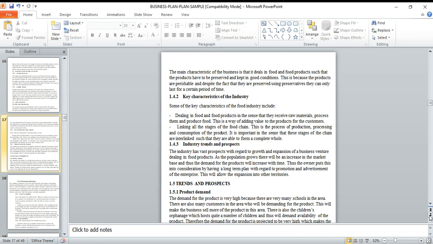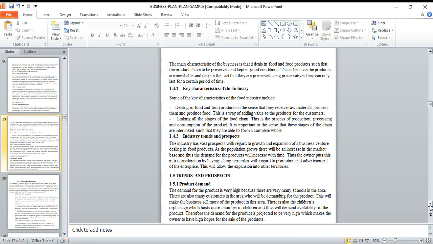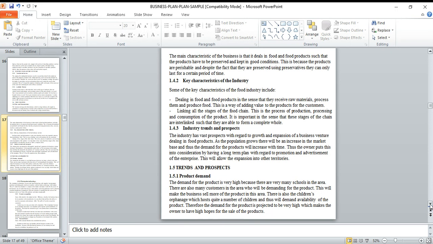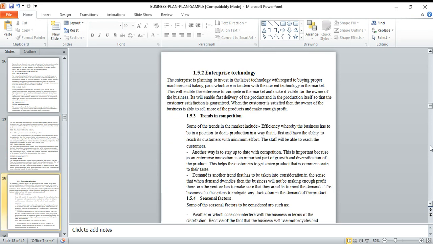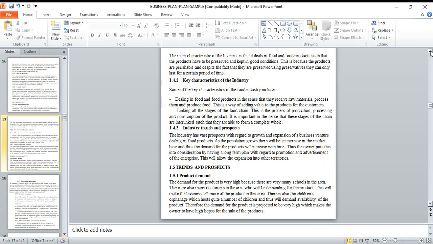So trends and prospects is very, very important to focus on.